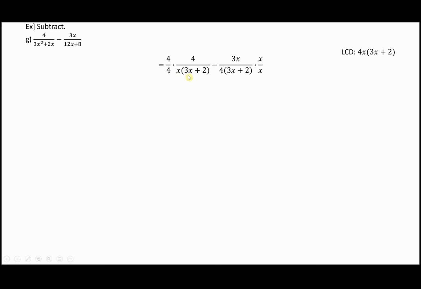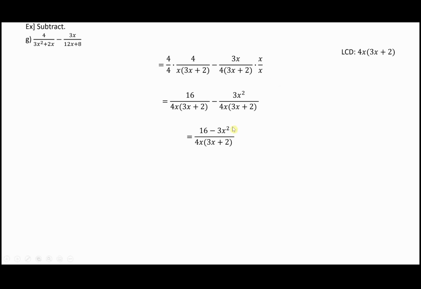That'll make it easier to determine what the fun one should be as far as its multiplier is concerned, because you're looking at x times the quantity 3x plus 2, comparing it to the LCD, and you're like, oh, it's missing a factor of 4. That's why the fun one is a 4 over 4 here. Similarly but distinct, this factorization is missing a factor of x with comparison to the LCD. So the fun one here will be an x over x. Great. Go ahead and multiply.